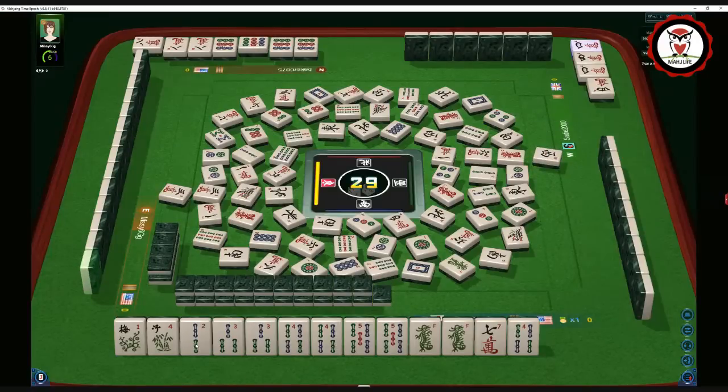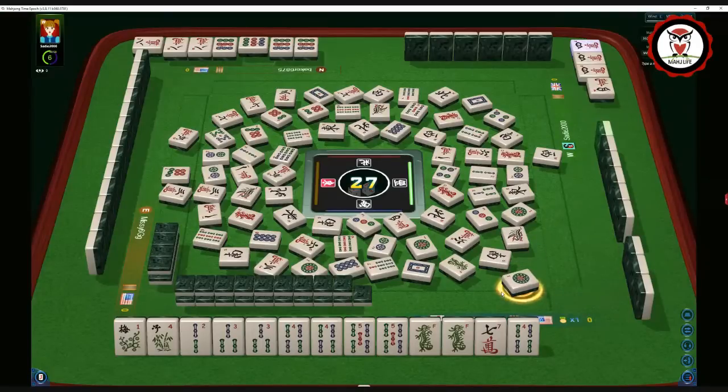We're going to need jokers for the 2 bam. Five characters. Okay, 7 dot. 1 is out. 7 dots. One dot.